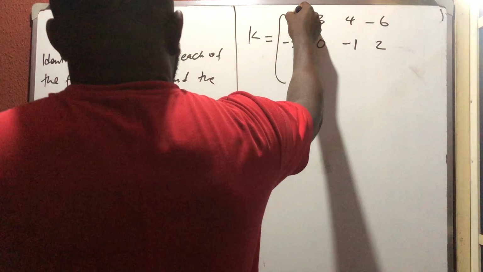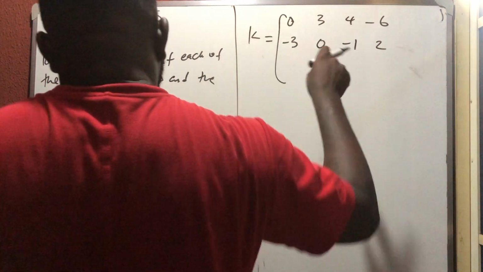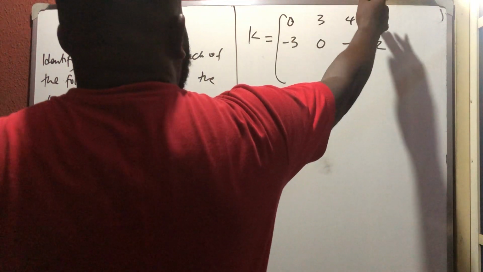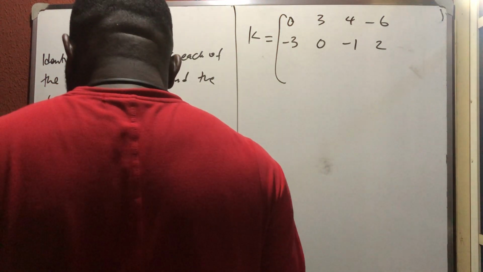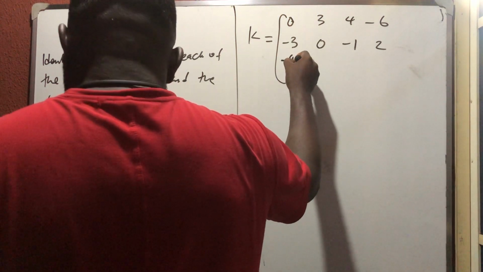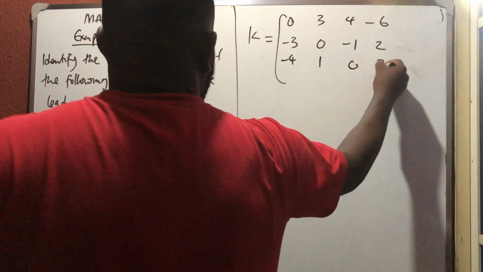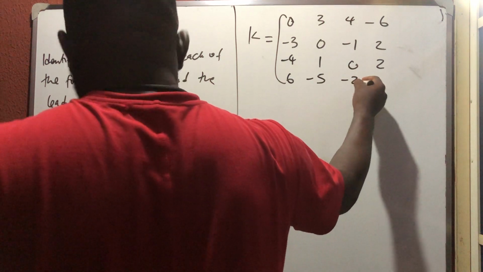Please correct your notes. In a skew matrix, or anti-symmetric, the diagonal must be 0 before you consider that the upper triangular is opposite in sign to the lower triangular. So I have minus 4, 1, 0, 2, then 6, minus 5, minus 2, 0.